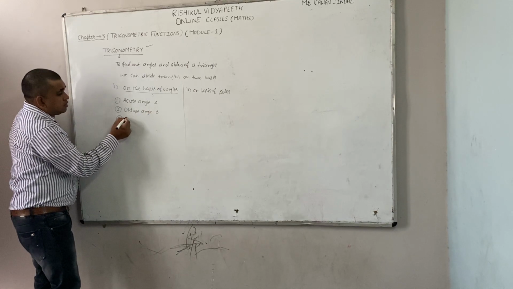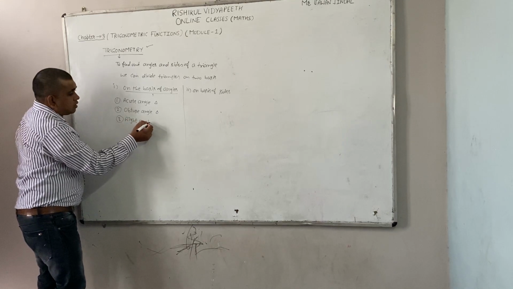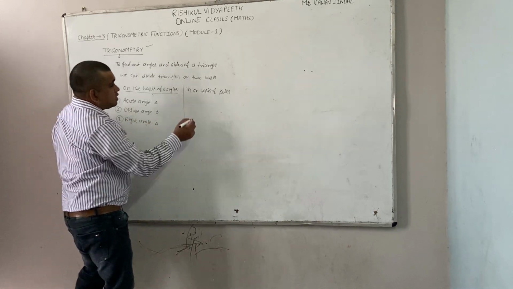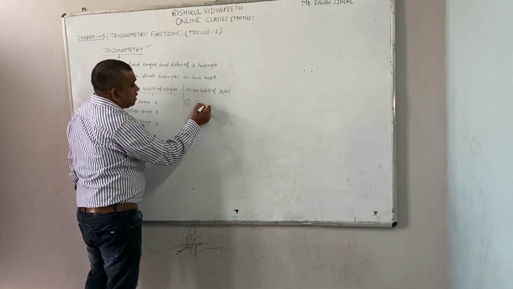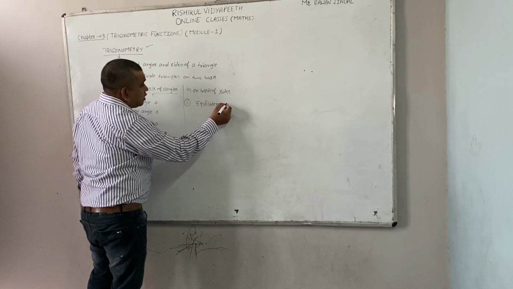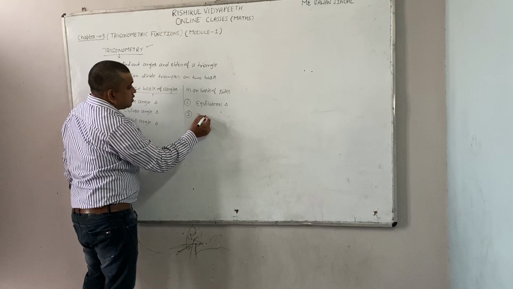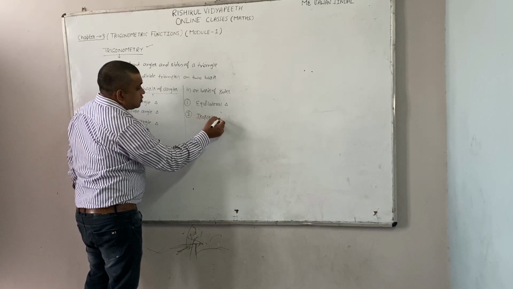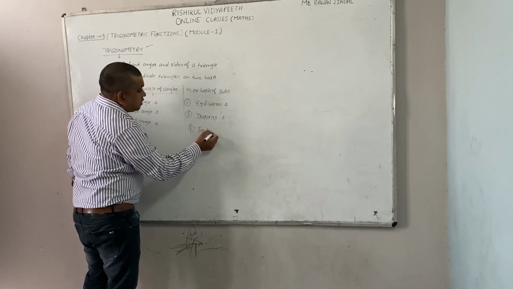Third is right angle triangle. And on the basis of sides, again three: equilateral triangle, second isosceles triangle, and third is scalene triangle.